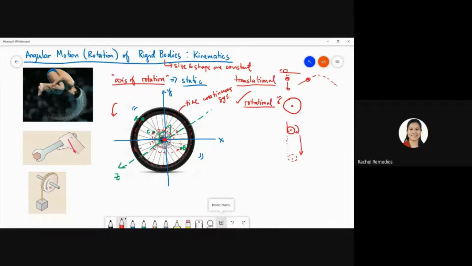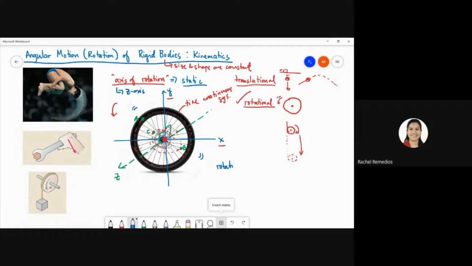The axis of rotation now is an imaginary line that is 90 degrees with this plane where the rotation happens, okay? And it cuts through all the centers of rotation. So, meaning, si axis natin, axis of rotation, will always be in the z-axis sa ating discussion. Nasa z-axis tayo for axis of rotation because we will always let the rotation happen on the xy plane.